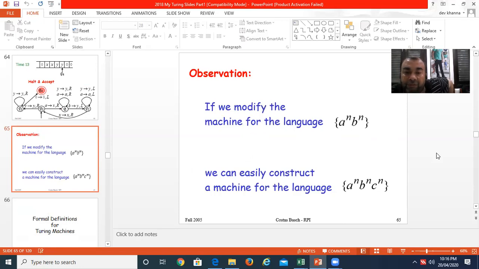Slide number 65 says that we can easily construct it, but that is not easy. That ease is for the professor who built this PPT, not for beginners. But this problem a^n b^n c^n is very, very important.